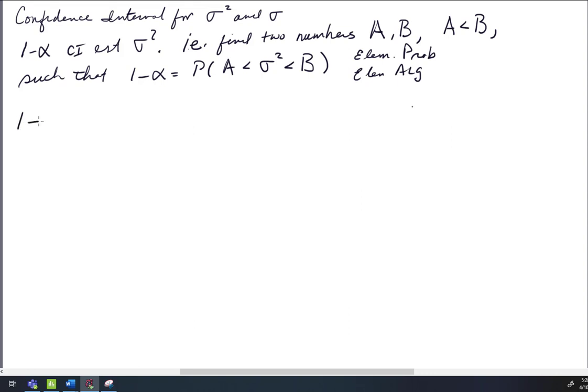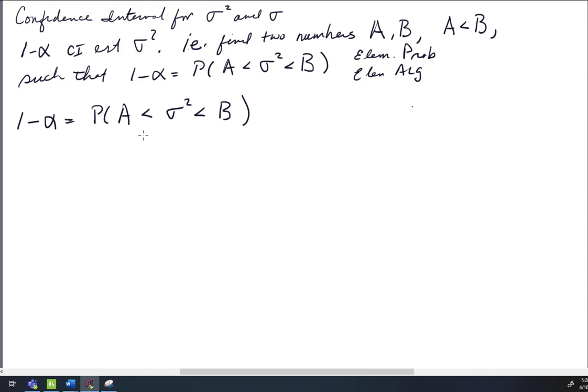So we're going to start with the statement 1 minus alpha is equal to the probability that A is less than sigma squared is less than B. Now what's inside the parentheses here is an inequality, and there are several things we can do to inequalities, this would be algebra, that will change the form of the inequality but not the value of the inequality.